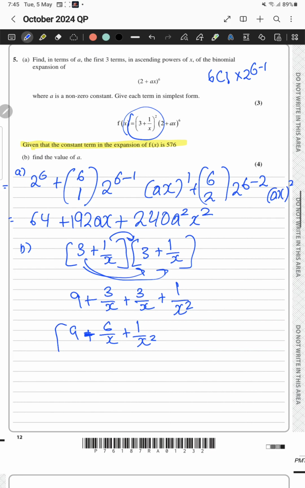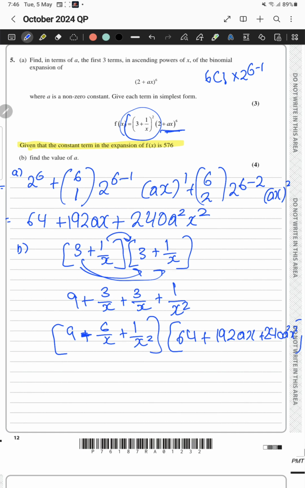And how can we do that? Well, you just write it like this. The binomial expanded version is going to be 64 plus 192ax plus 240a squared x squared.